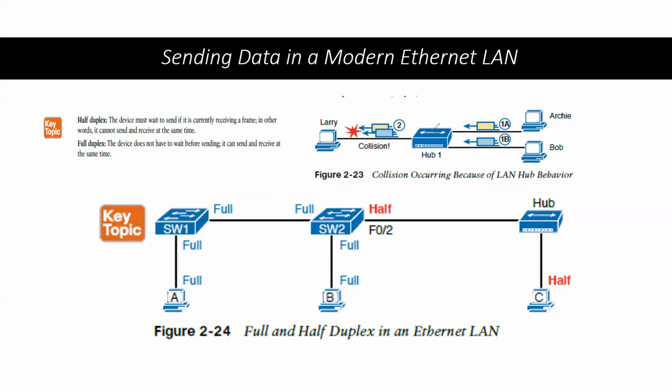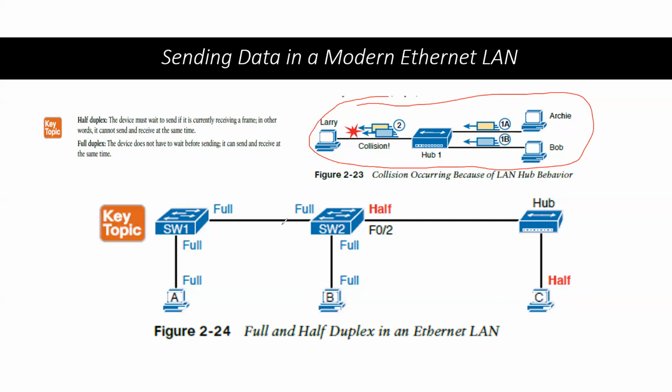With this hub, there's no separation, so it's one big collision domain. They all have to talk at the same time. There's no separation, nothing. It's damn near like their wires are connected to each other. That's in a half duplex setup, and they're all in the same collision domain.